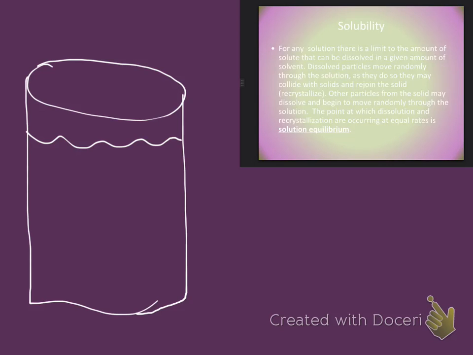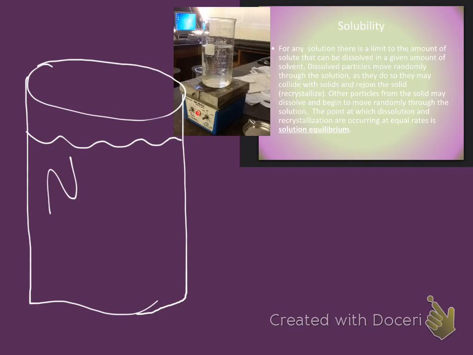So we have our little sugar solution going on our heating and stirring plate. So we can put X amount of salt in here, or sugar, or anything else we're going to dissolve in. And there comes a point where we can't put any more in. There are limits to solubility.